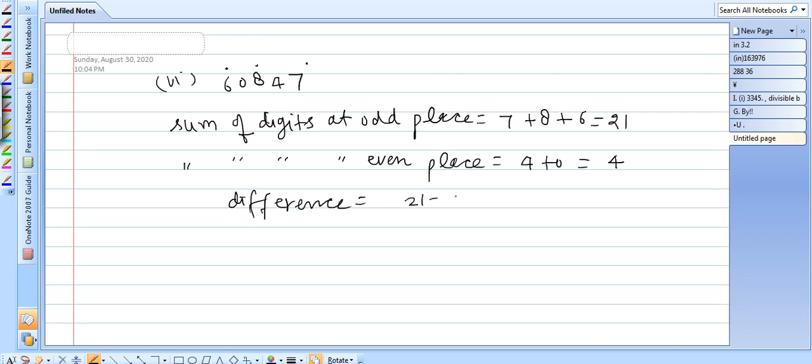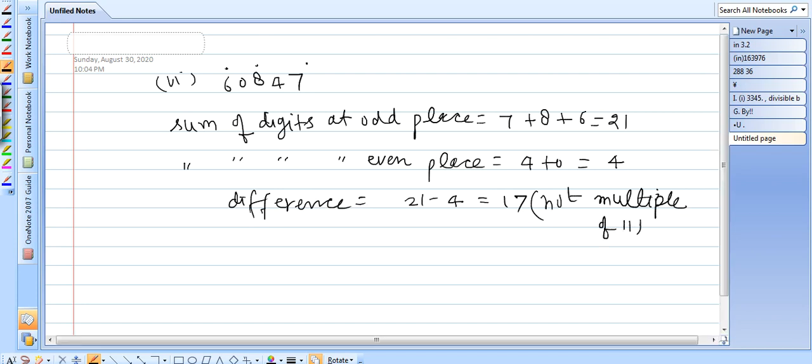It is 21 minus 4. So what is 21 minus 4? It is 17. Okay, you know that 17 is not a multiple of 11. Give the reason.